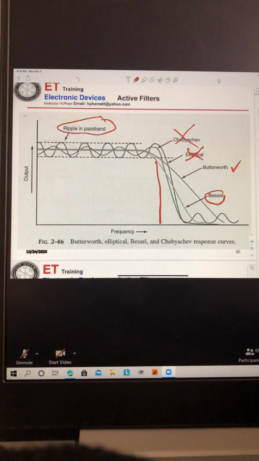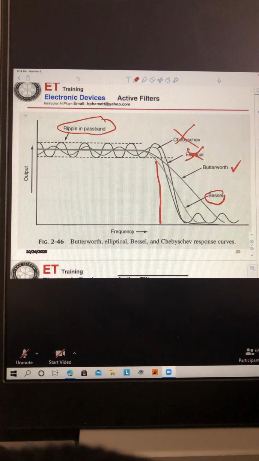Isn't it the fill time of a capacitor that determines that ripple effect? No, they have to be different. You can get the Butterworth low pass filter, and also you can get the Bessel circuitry, and you can compare to see what the difference is.